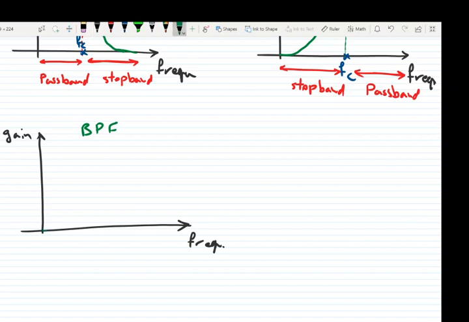The response is like this. It has two cutoff frequencies, one here, one here.